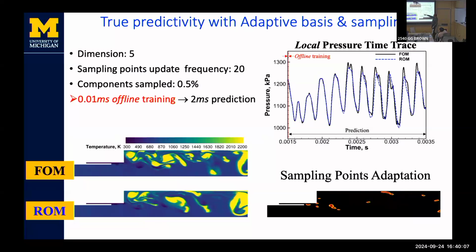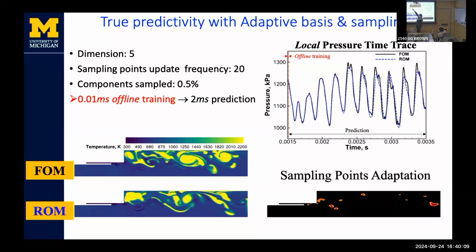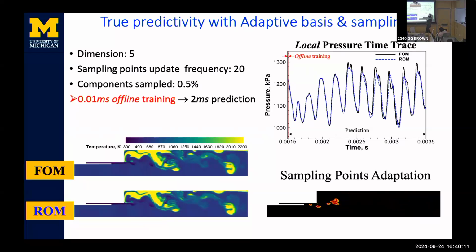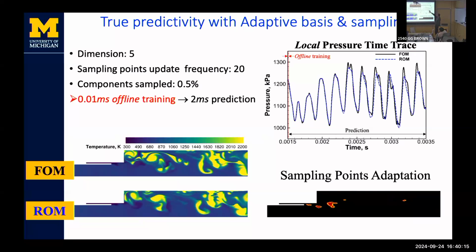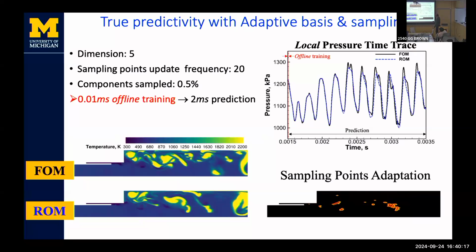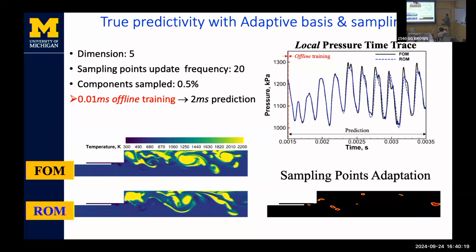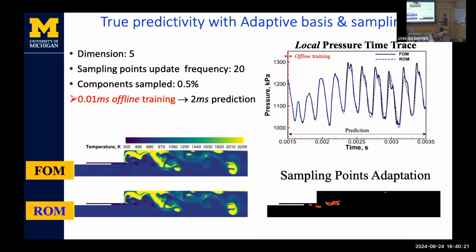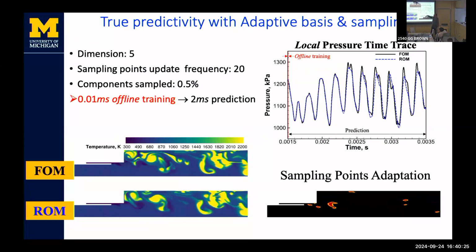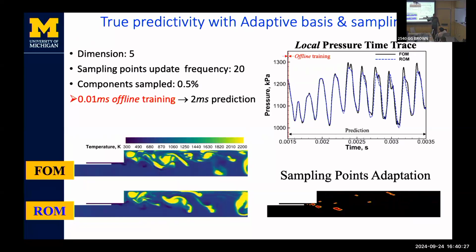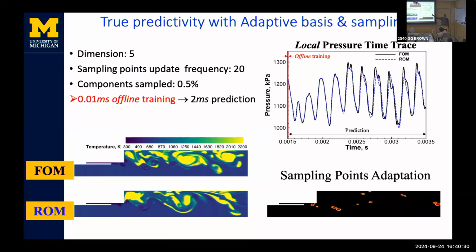In this particular case, the sample points cover about 0.5% of the domain, and you can get a good prediction. Earlier I showed you a 10,000 speedup, but because of some technicalities and bottlenecks, here we get about a speedup of 20, but it's still really good.